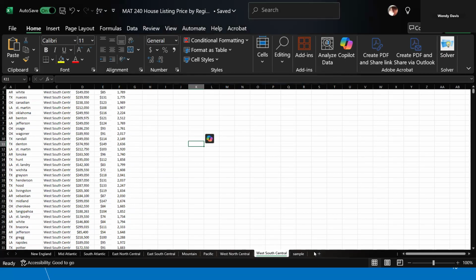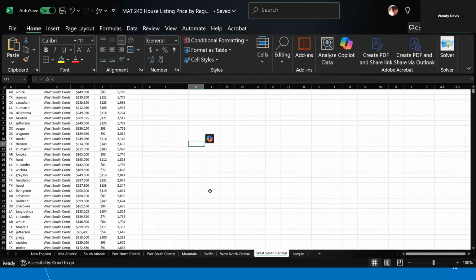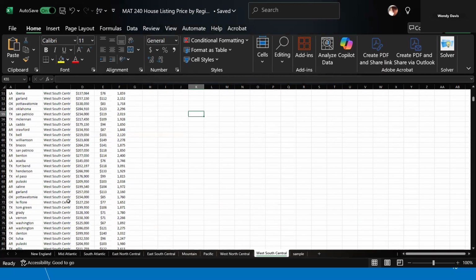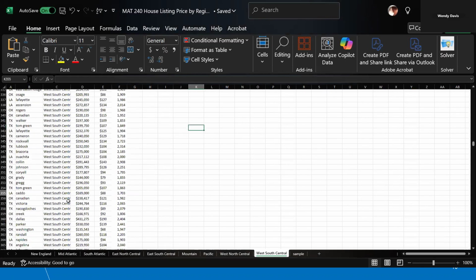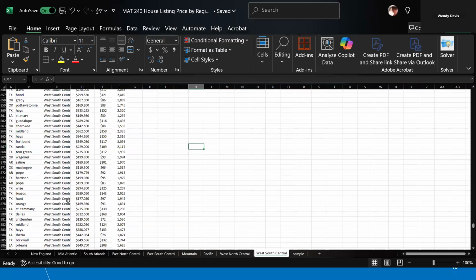I believe I chose West South Central. So here we have West South Central, and you can see we've got a lot of data. I'm not going to go through all that.